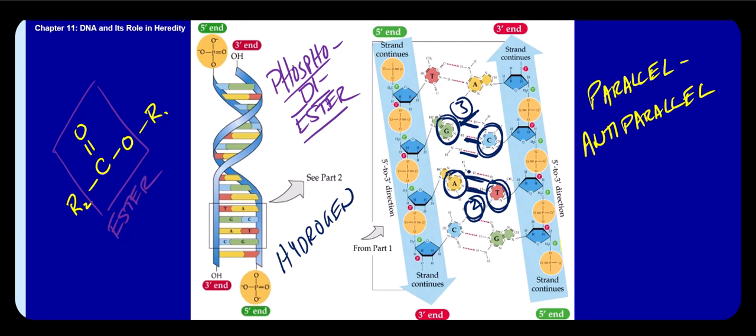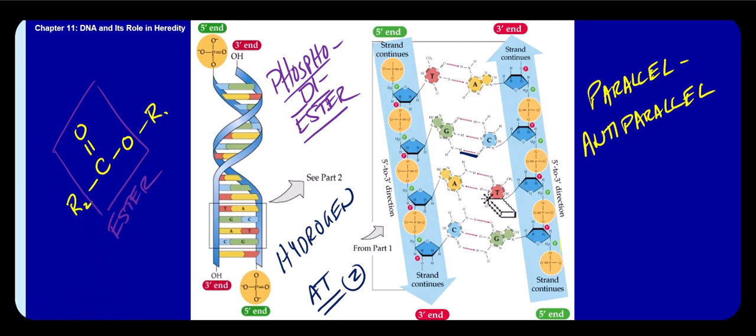Goofy way of remembering it, and I'll give you my goofy ways of remembering things. If you find them helpful, use them. If you don't, don't. But "at" is a little 2-letter word. When I put adenine and thymine together, I get that little 2-letter word using 2 hydrogen bonds. Told you it was goofy. Okay, so that's our DNA structure.